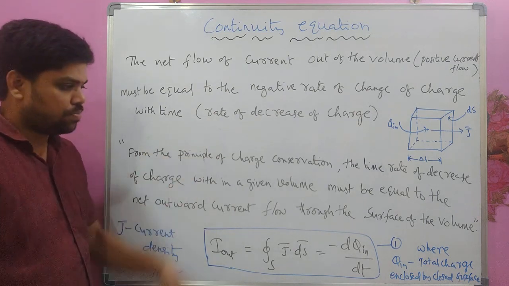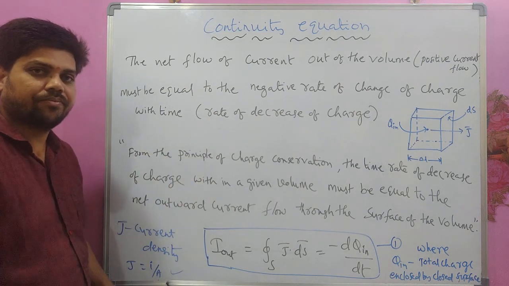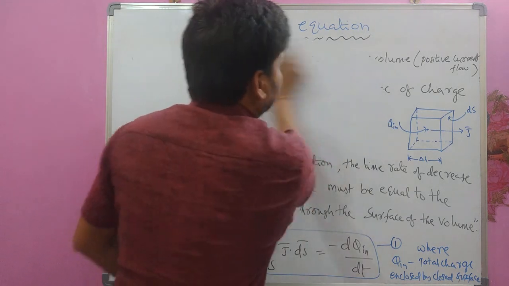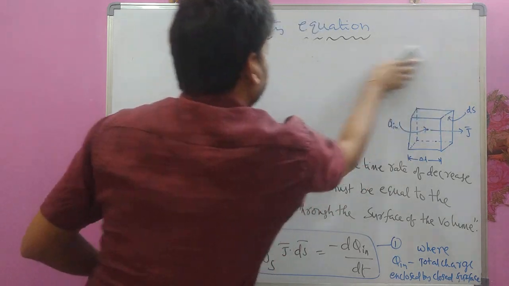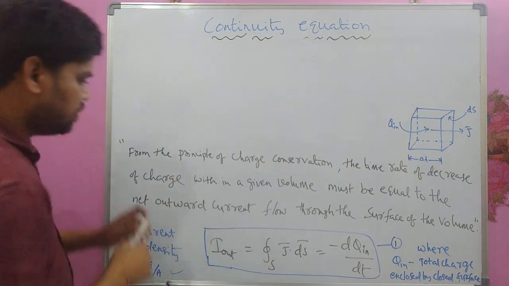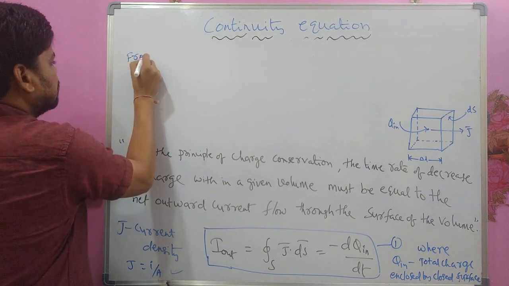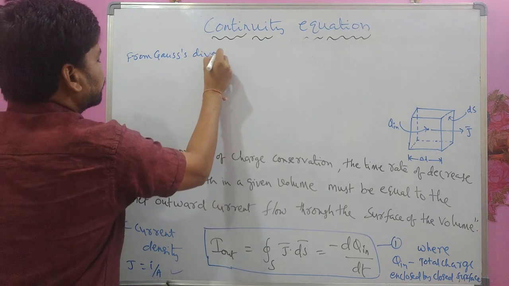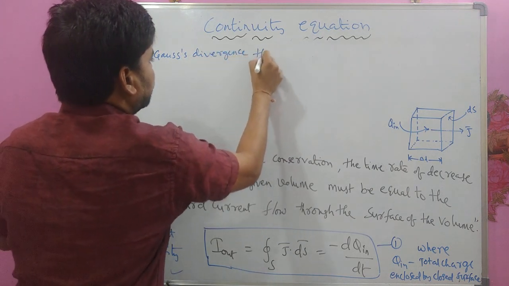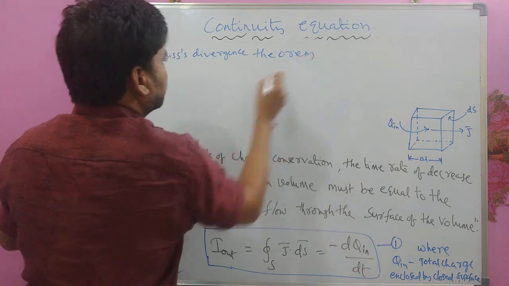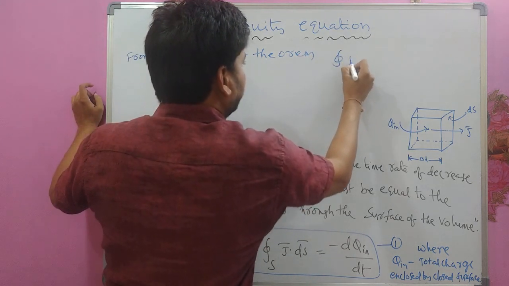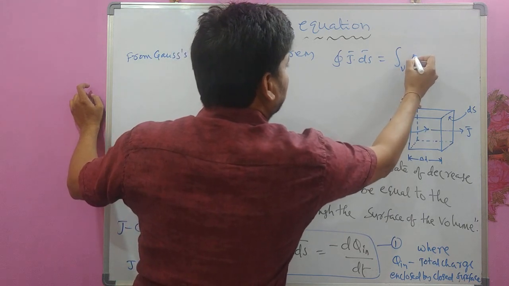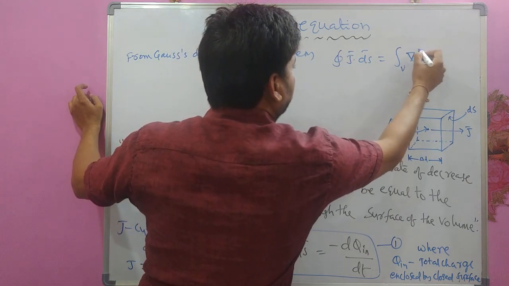So please make a copy of it. Very simple. From the Gauss divergence theorem, integral J dot dS can be written as integral del dot J dV.